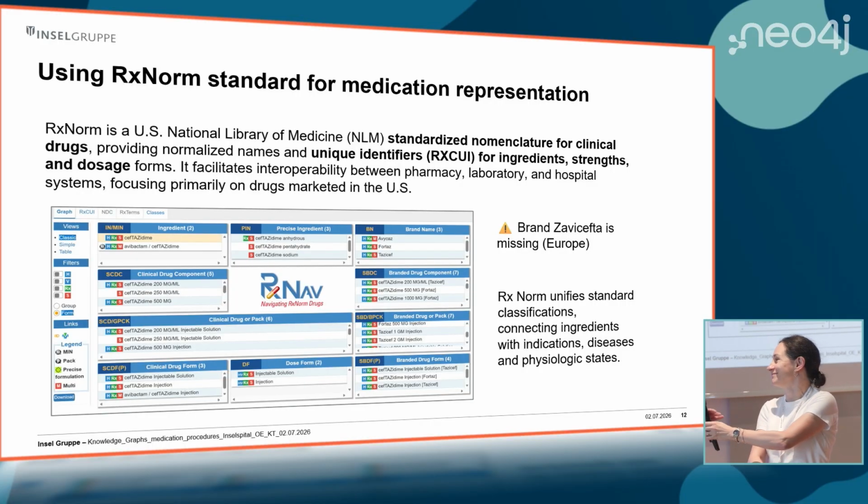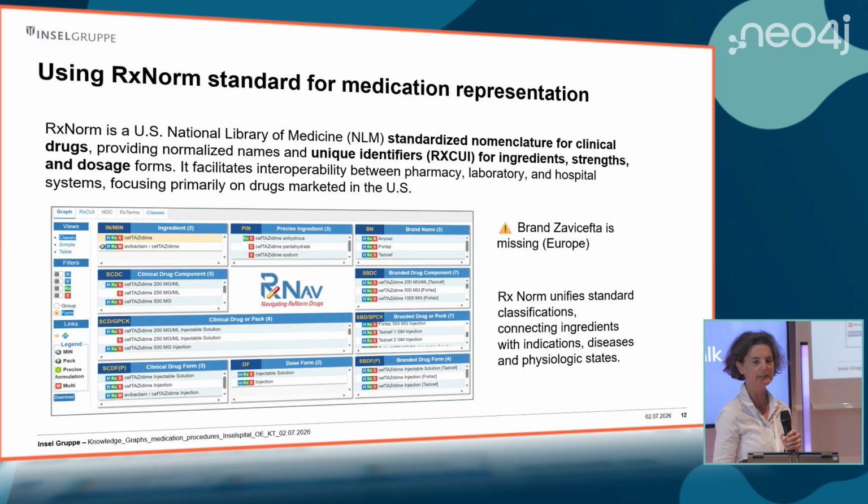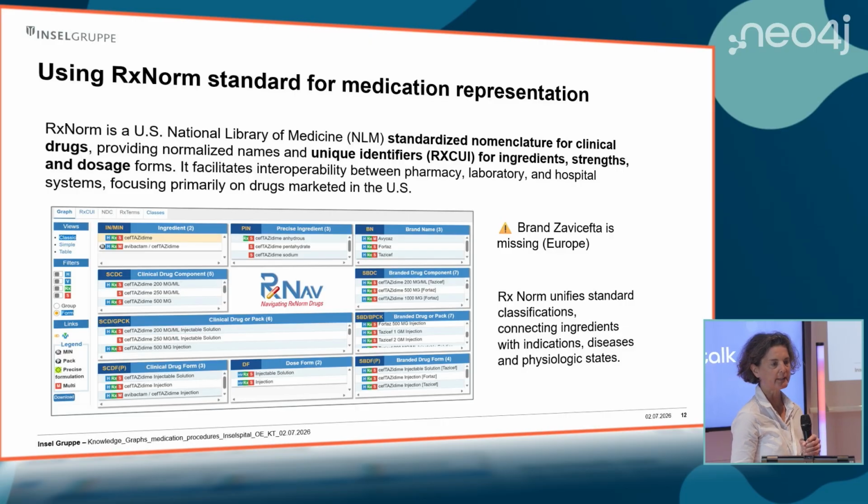So in order to make all the information accessible, from legacy data and the actual data in the new system, and also from the different sources we should use for monitoring, we decided to transform the medication data at our hospital, for example, from the free text custom list to RxNorm.